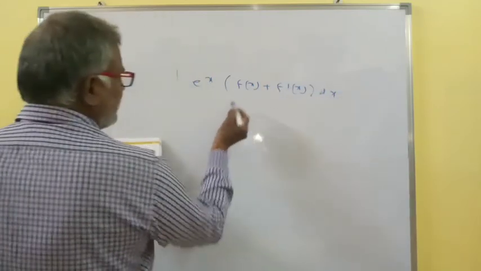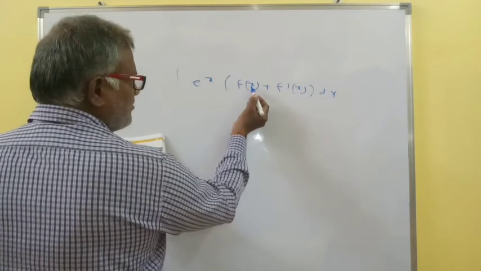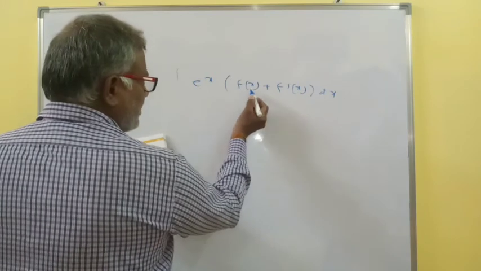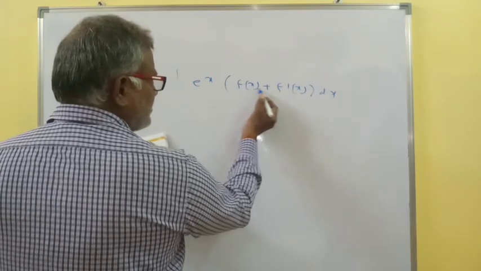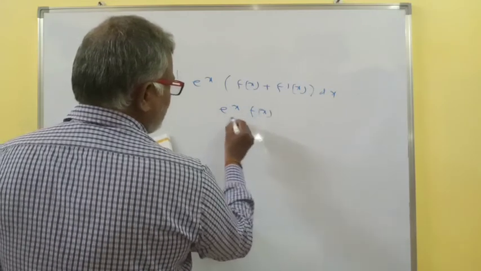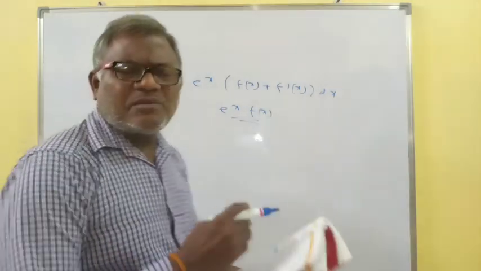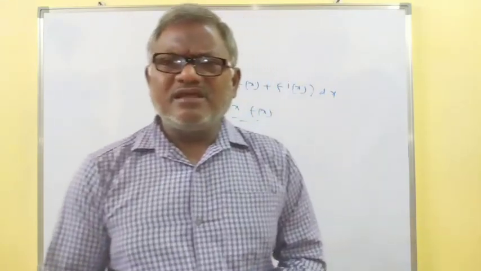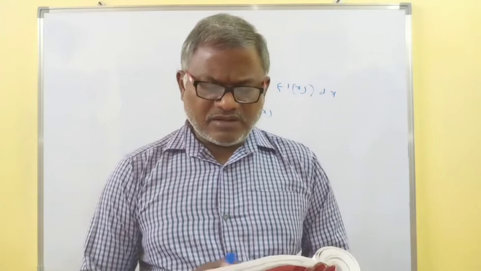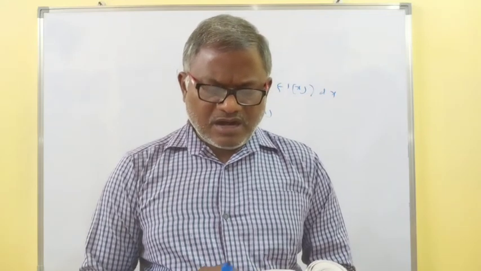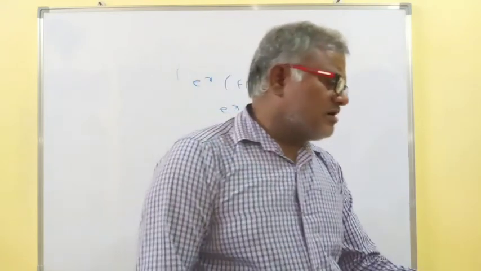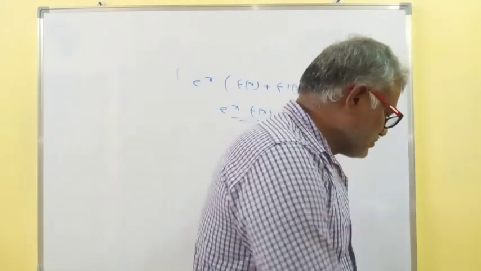Whenever in the inner function the derivative of one is readily given, whenever sin x and cos x is there, sin x derivative is cos x, so directly you should write e power x into f of x. These types of problems I already explained in the previous video. So 11th one over, 12th one over, 14th over and 17th over. The remaining problems I will explain in the next video.